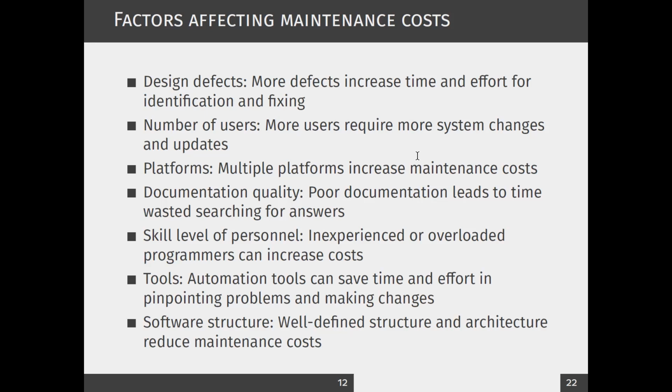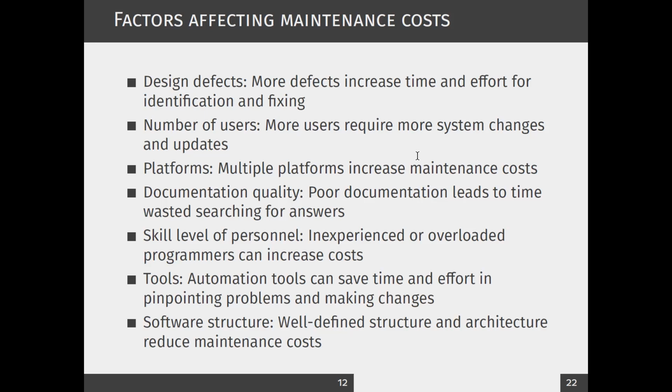Fifth one, skill level of personnel. Sometimes when we think about the budget, people might develop the system using interns or junior software developers. But remember, the skill level of personnel is very, very important, because if you are using inexperienced or overloaded programmers, it may increase cost.